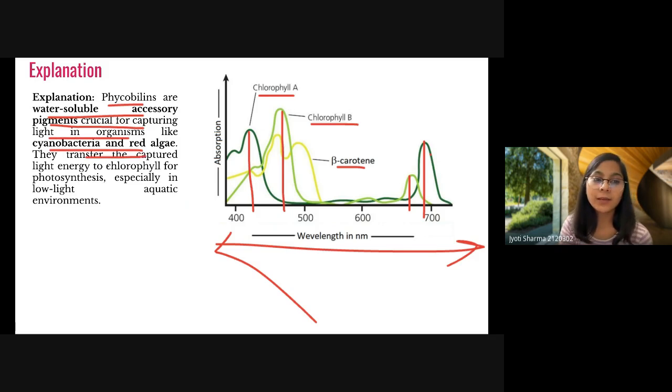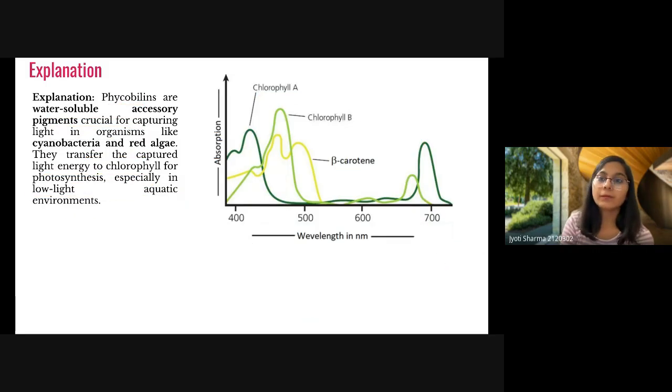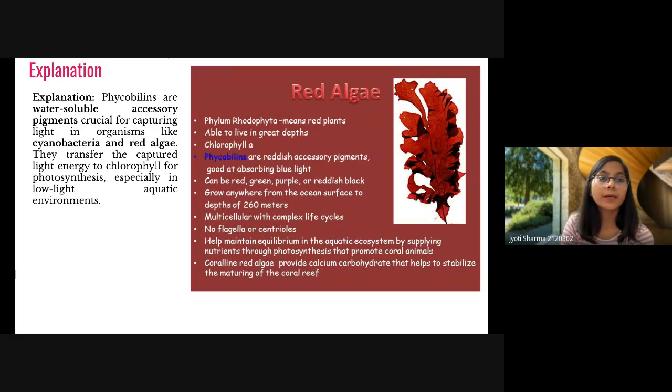They transfer the captured light energy to chlorophyll for photosynthesis, especially in low light aquatic environments. And again, you can see here in red algae we have phycobilin, which is good at absorbing blue light.